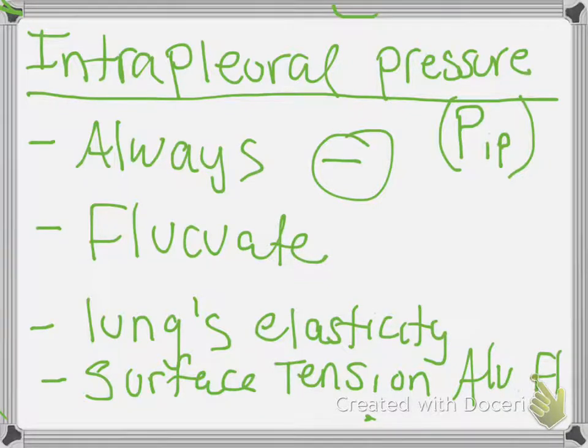And there's surface tension because the fluid lining of the alveoli attract to each other, and that's what produces the surface tension to make the alveoli as small as possible.